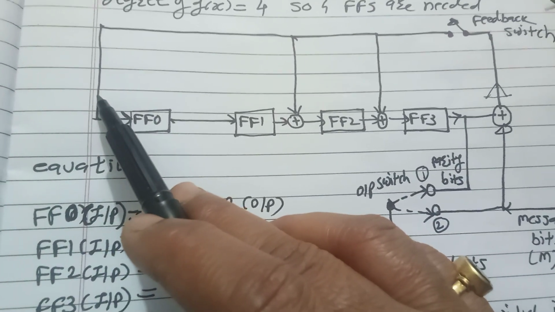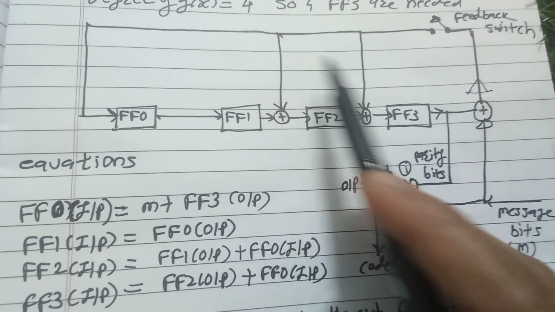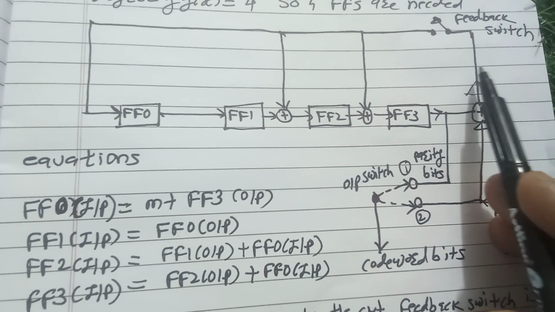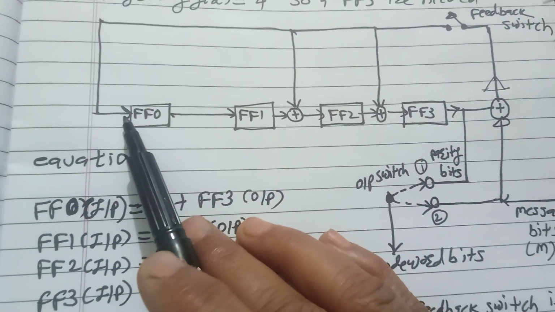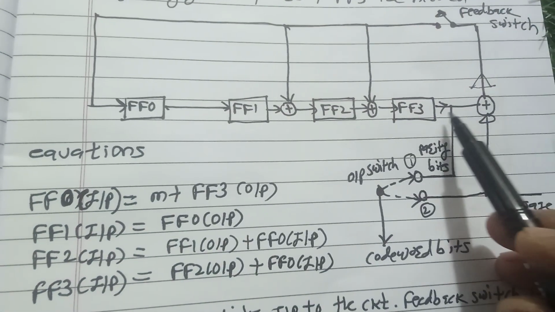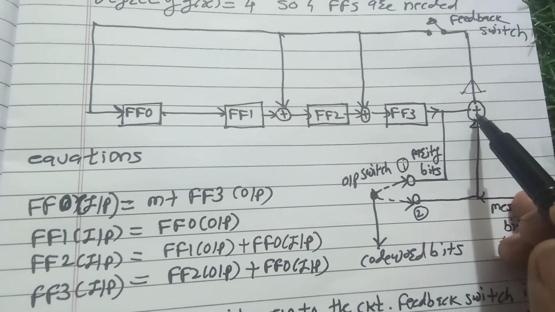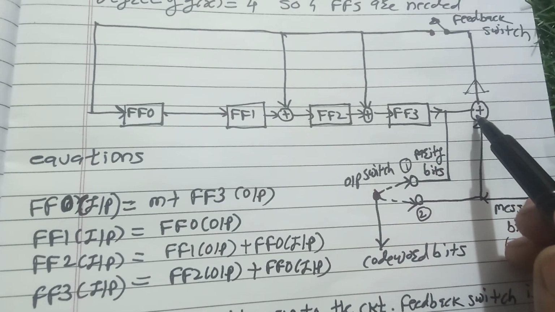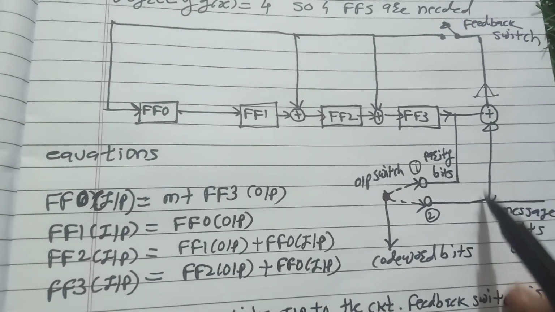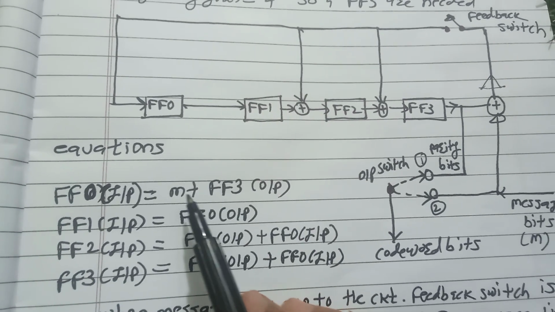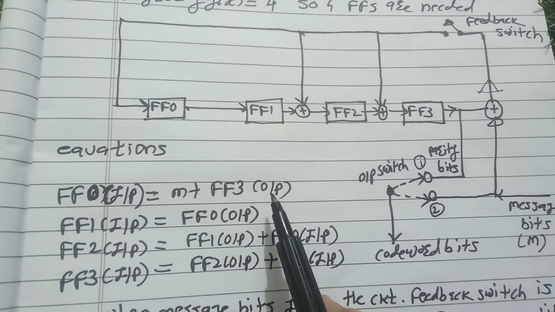So these lines, this one, this one, this one and this one, are nothing but flip-flop 0 input, because that is coming to the flip-flop 0 input. So that is equal to flip-flop 3 output plus message input. So the flip-flop 0 input is M, that is message, plus flip-flop 3 output.